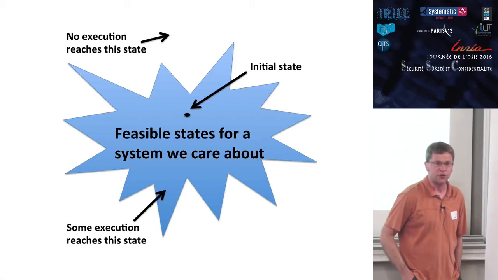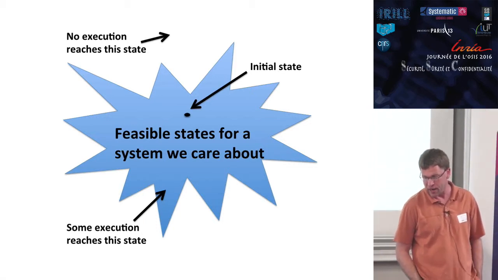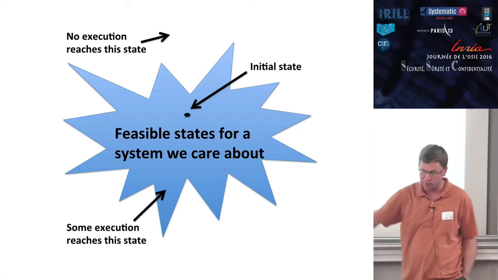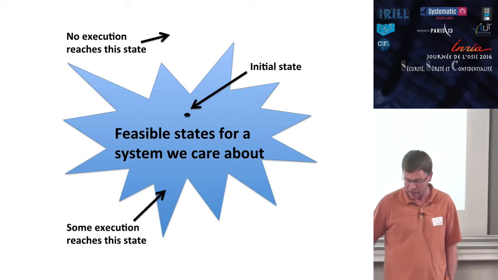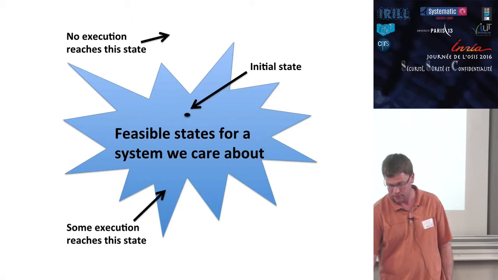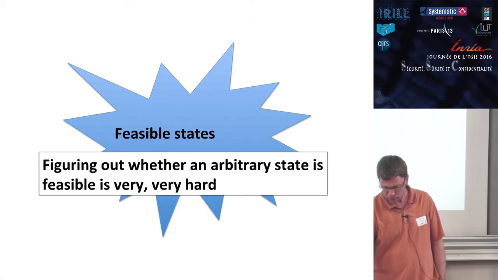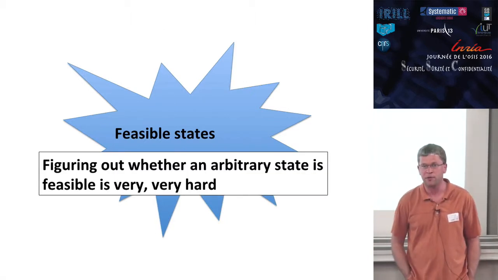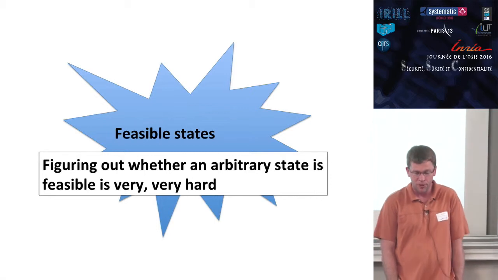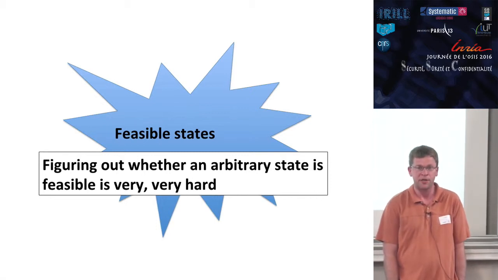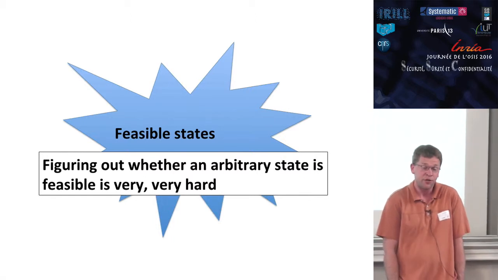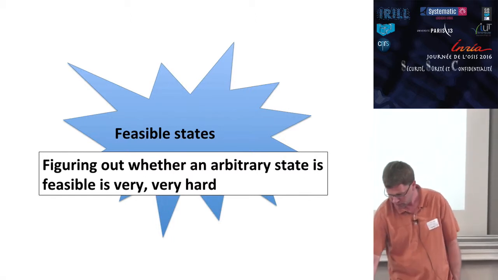So of course there's some initial state that the system starts in, and any state in a feasible region can be executed by some actual execution, and no execution reaches the other states. As I said, this is extremely hard in practice, and almost all of our work on formal verification and testing is just trying to answer this simple question about whether particular states of computer programs are feasible.